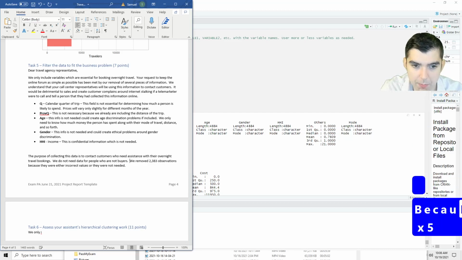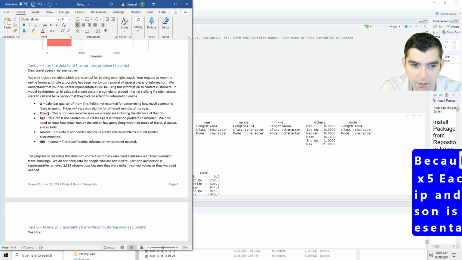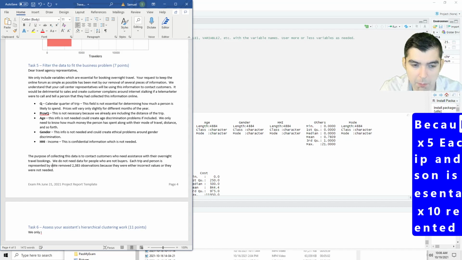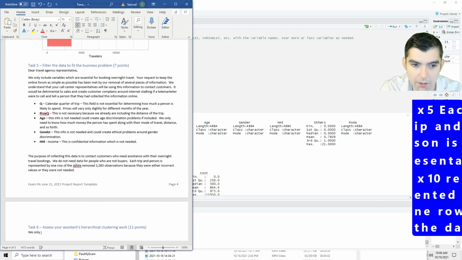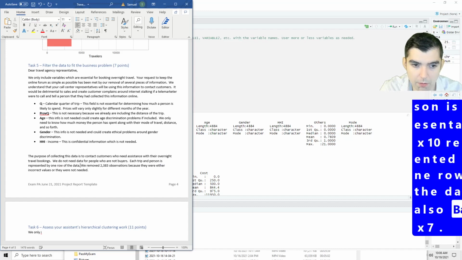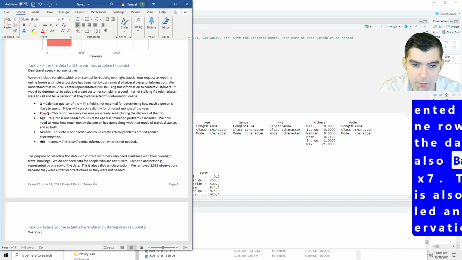Because each trip and person is represented by one row of the data. Also, this is also called an observation. We removed 2,383 observations because there were incorrect values or they were not needed.